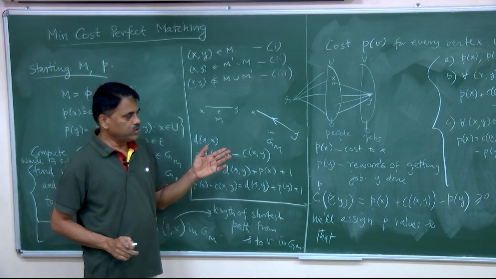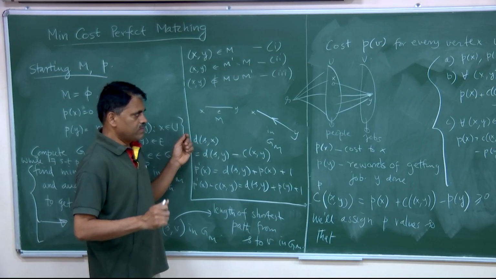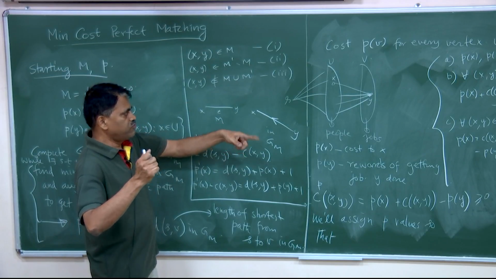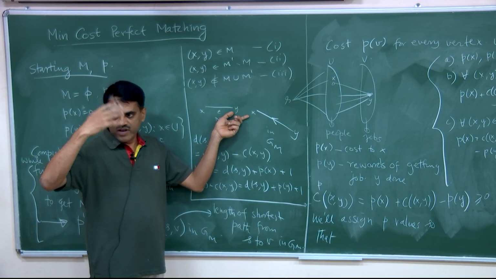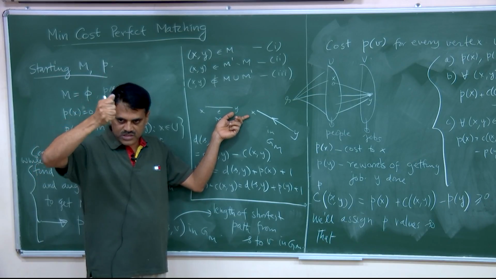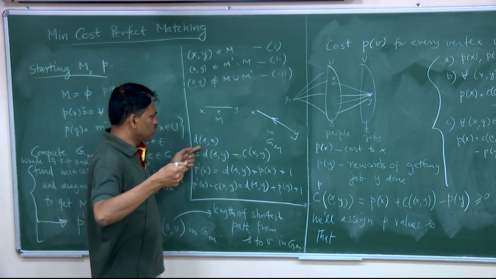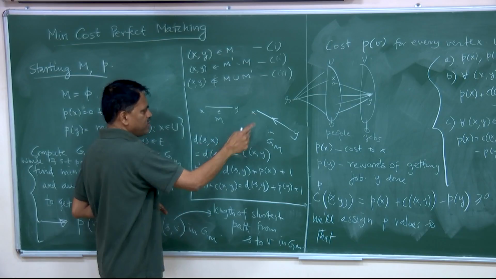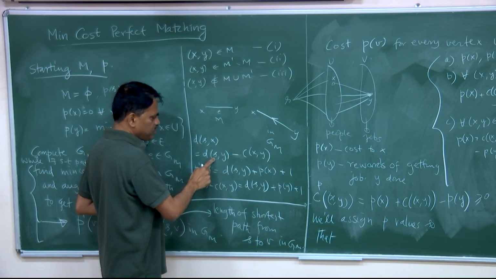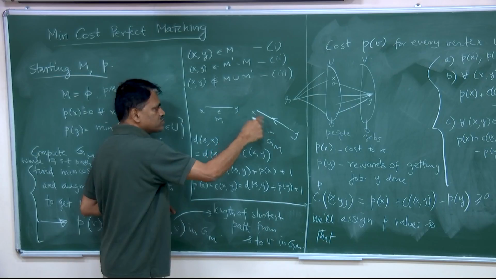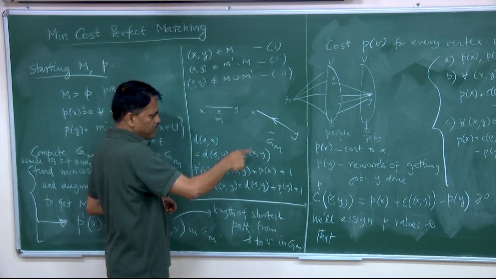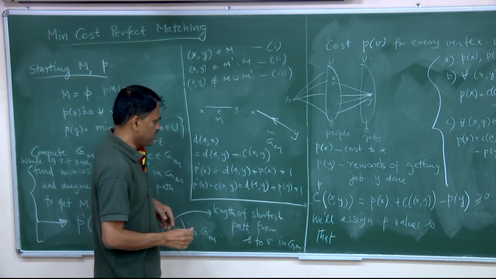Right? We are talking about the length of the shortest path from S to X, where when I say shortest, I am talking about the costs on the edges. So the length of the shortest path from S to X is length of the shortest path from S to Y plus cost of this edge, which from my definition is minus cost of xy. Right?